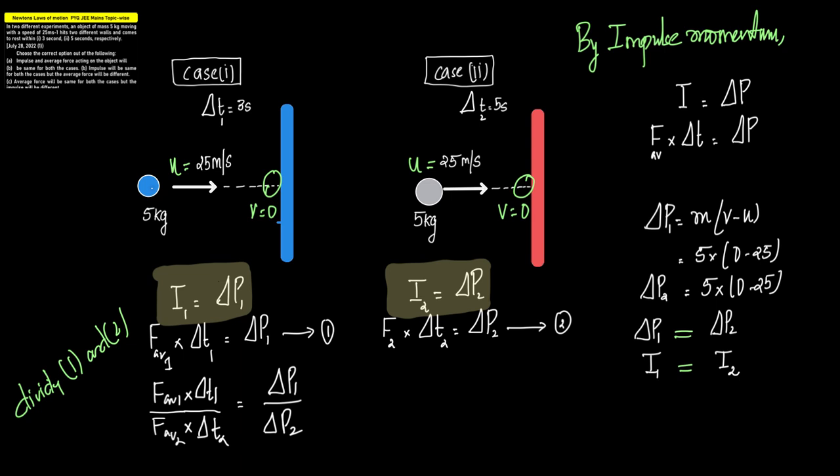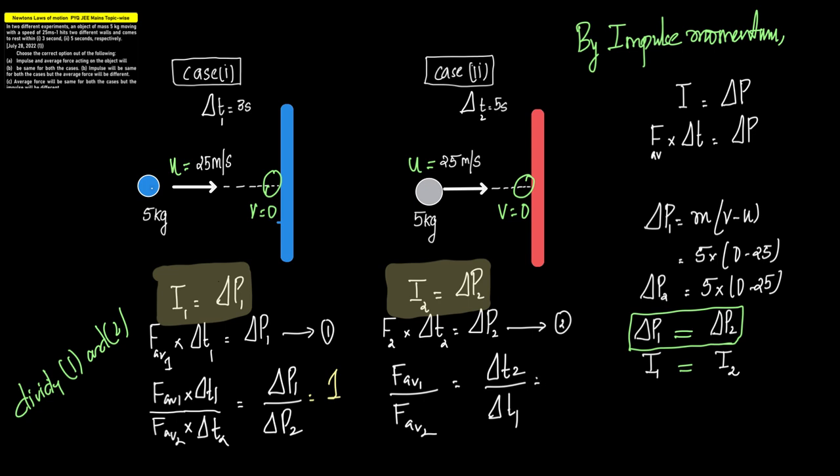But we just derived that delta P1 is equal to delta P2, and therefore this should be equal to 1, which implies that force average 1 by force average 2 is equal to delta T2 upon delta T1.